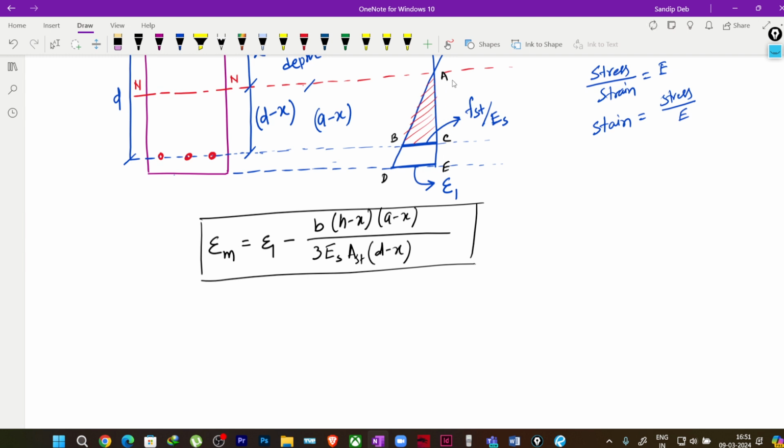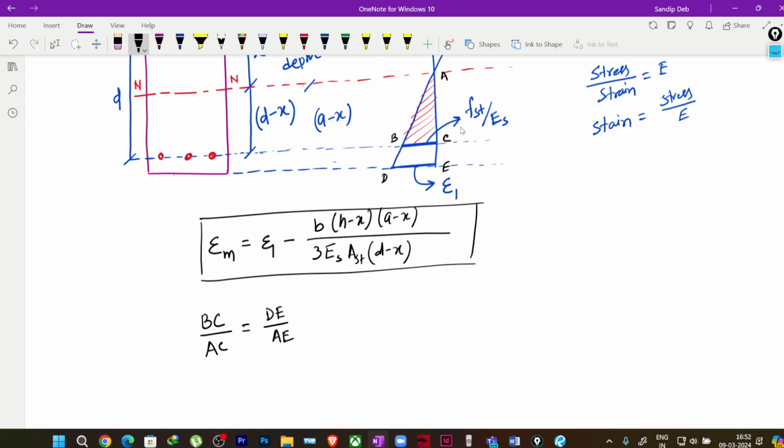If we consider this as a right angle triangle, BC is my perpendicular, AC is my base. So we can write BC by AC equal to DE by AE, correct?